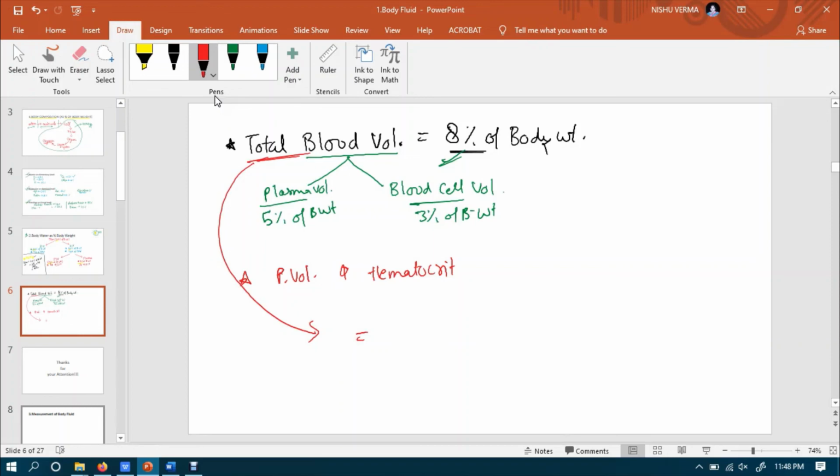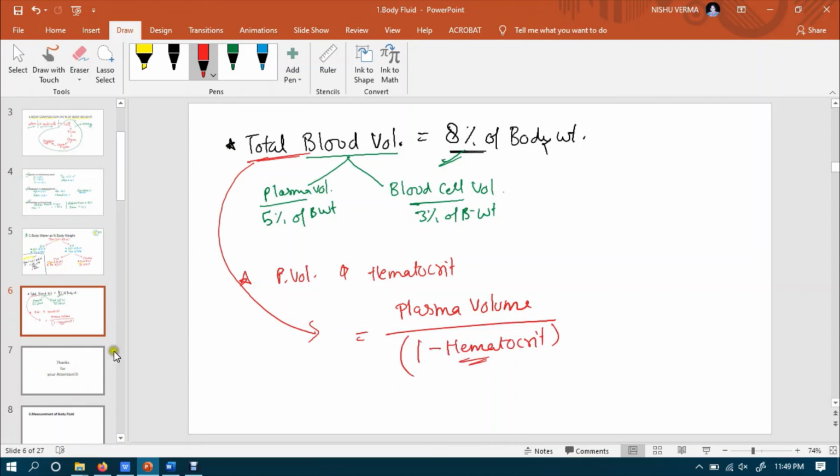For this given data, the total blood volume will be equal to the plasma volume divided by 1 minus hematocrit. And the value of the hematocrit is given in the question.